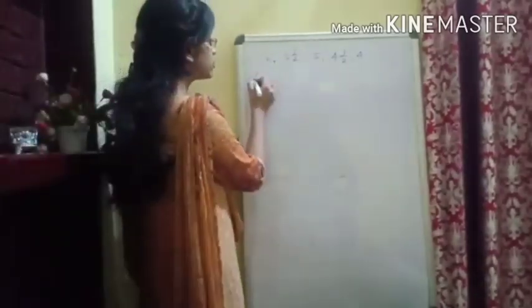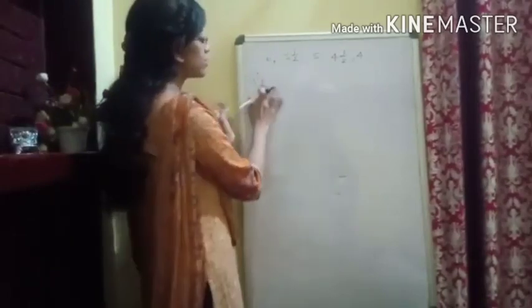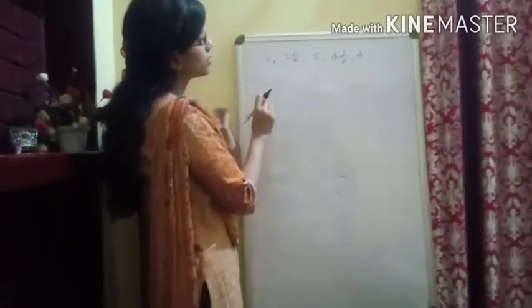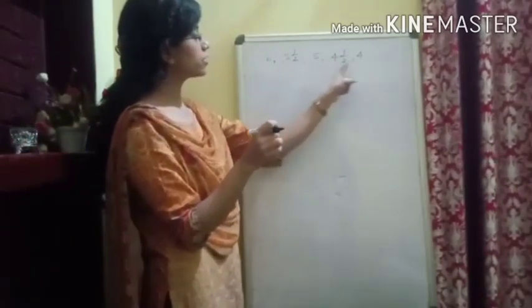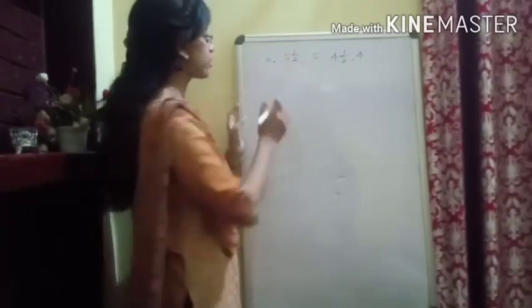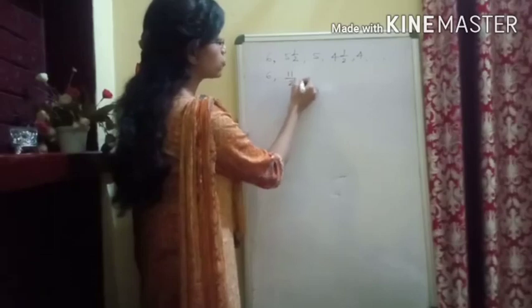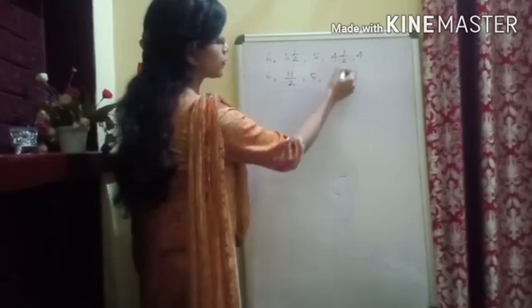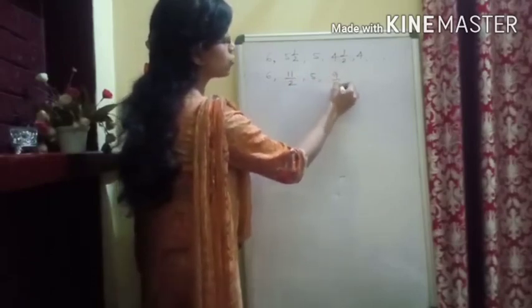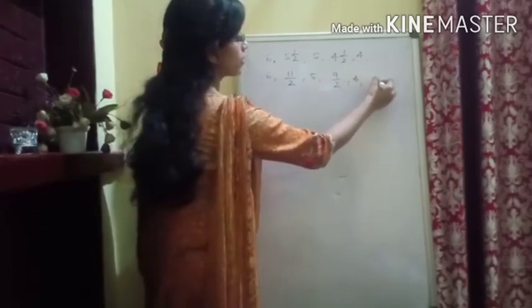Before we write the first term, is it okay if we convert this mixed fraction into an improper fraction? That would be 6, then 11 by 2, 5, then 9 by 2, and then 4, and so on.